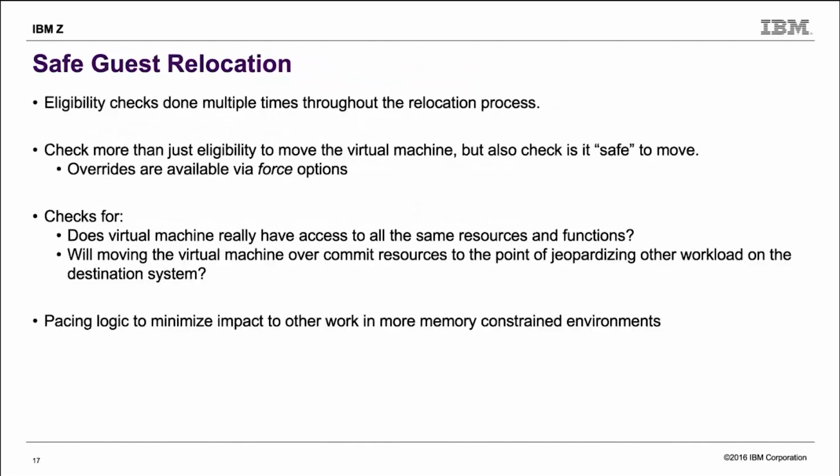Like I mentioned earlier, we'll start off a relocation with an eligibility check, but that's not the only one that we do. Right? We'll actually check multiple times throughout a relocation and really do our best to make sure that when we relocate a guest, it's because it's safe to do so. Now, sometimes we have found with clients that our checks have been maybe overprotective, and that we might flag something, and often when we flag something, it comes across as an architecture incompatibility.